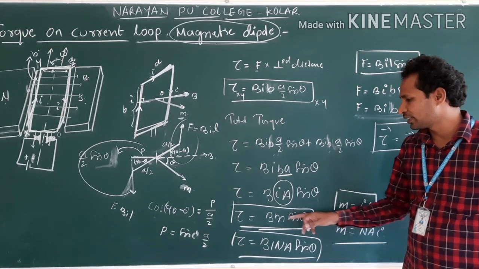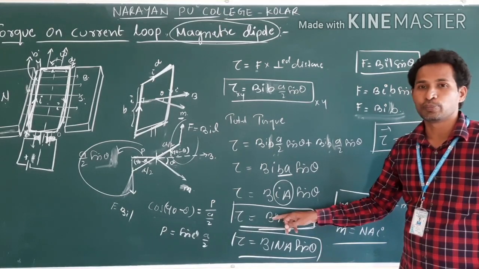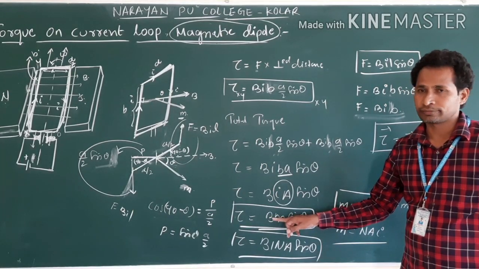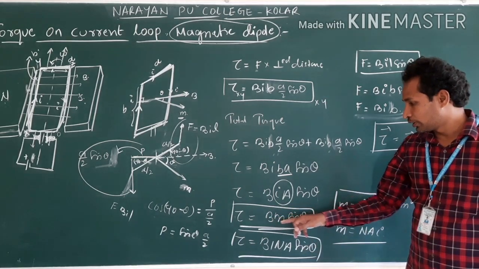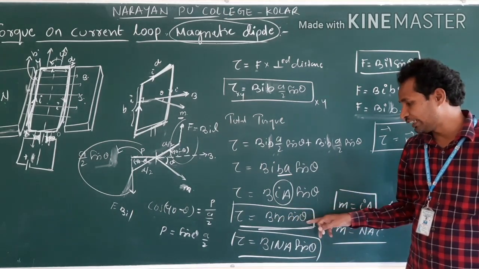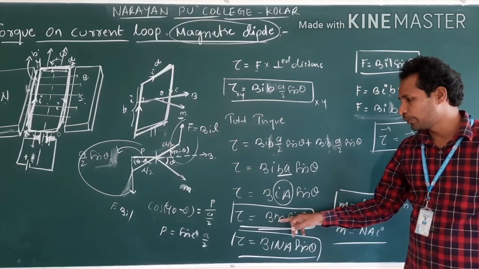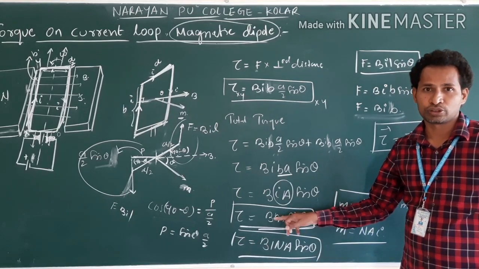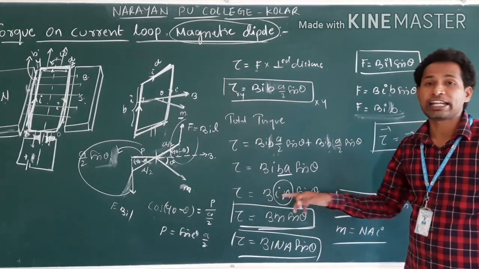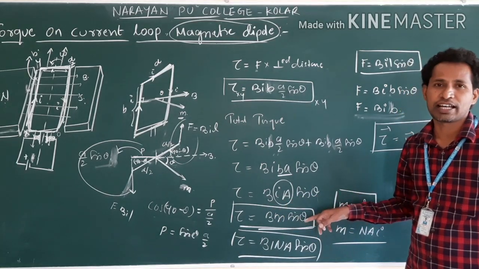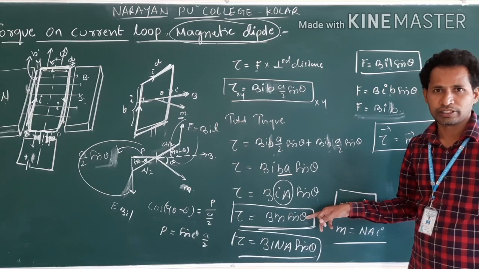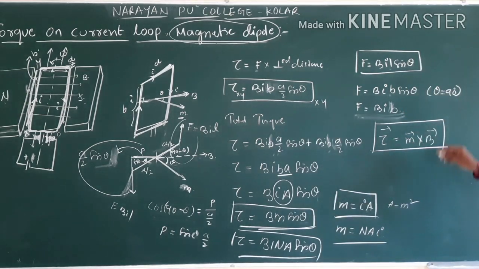Theta is 90 means the magnetic moment and the field are perpendicular. The coil will experience maximum torque. If theta is 0, meaning the magnetic moment and magnetic field are parallel or anti-parallel, 180 degrees or 0 degrees, then what happens? Torque is 0. Clear? So remember this.